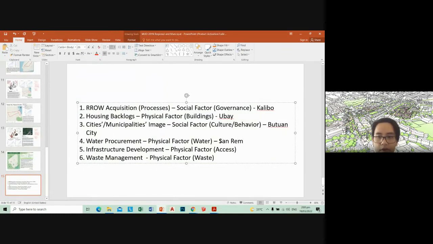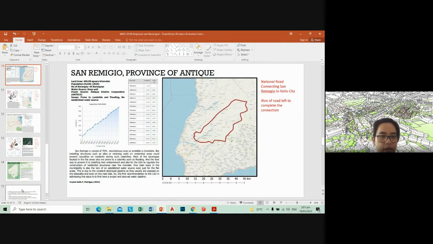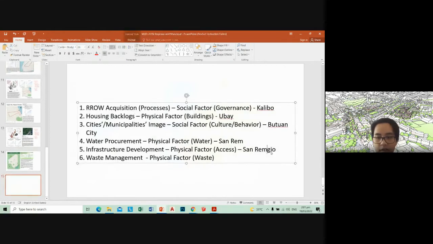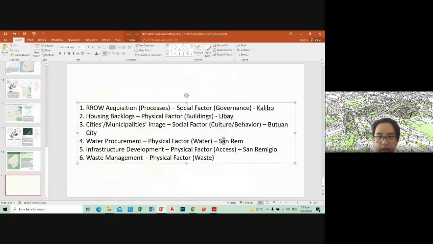I think more of the San Remigio down here for the infrastructure development. And then the water procurement was more for Tanjay City. And then waste management, Cebu City.